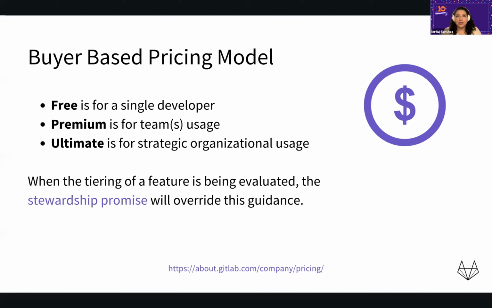So that's when you're coordinating among many different teams and really working across cross-functional teams. Whenever we have some sort of doubt or conflict in our tiering model, we always default to being a good steward of the open source project, and our stewardship promises override this buyer-based pricing model guidance.